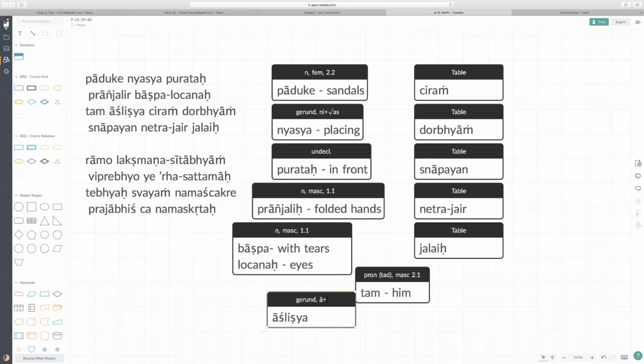From the verb slish, and aslish means to embrace. Slishyati, that will be the present tense 1-1. So aslishya as a gerund, how can we translate it?